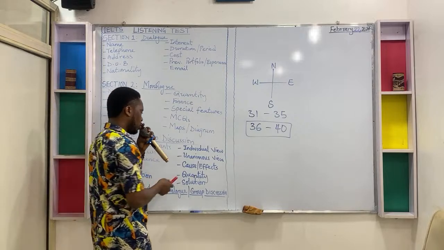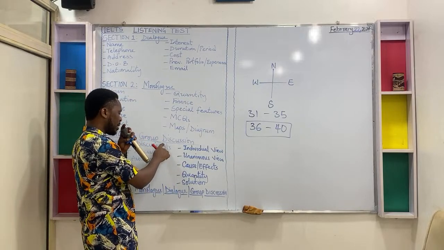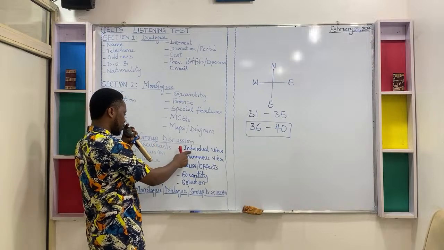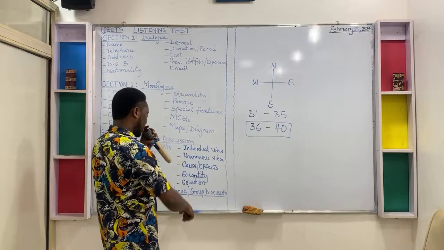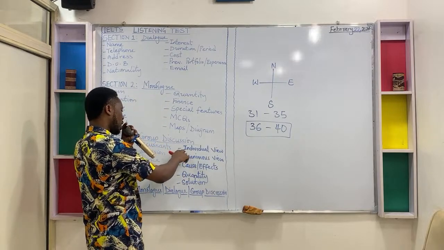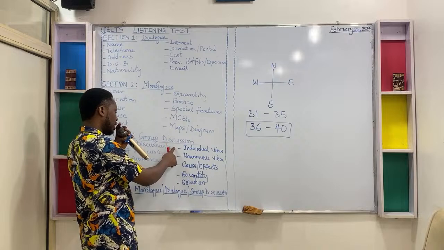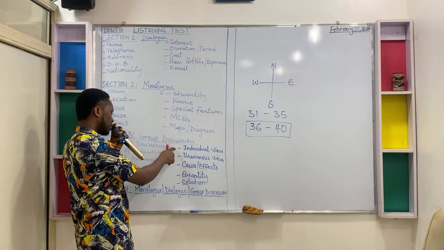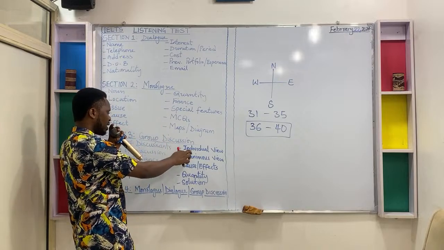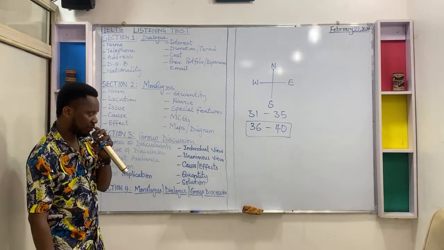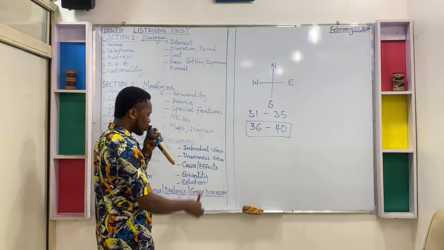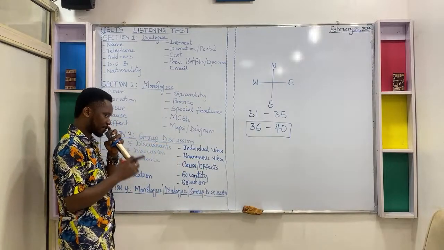Individual view. If you are able to get the names of the discussants at this point, you'll be able to know who is saying what. From the list of options they are given, the options will have the different names. So from the knowledge of the names of the discussants you've had previously, it will be easier for you to identify the person giving the view. The unanimous view has to do with their collective agreement.